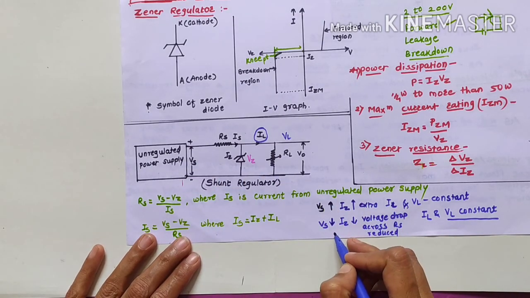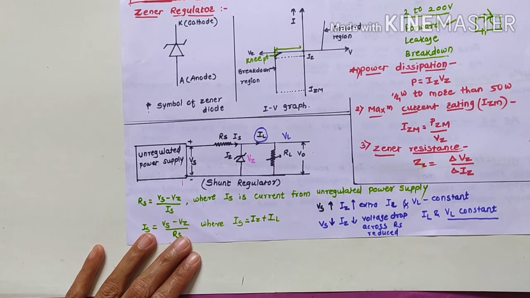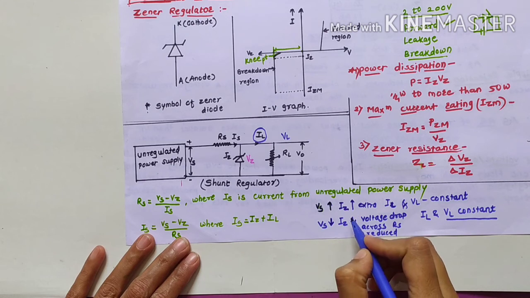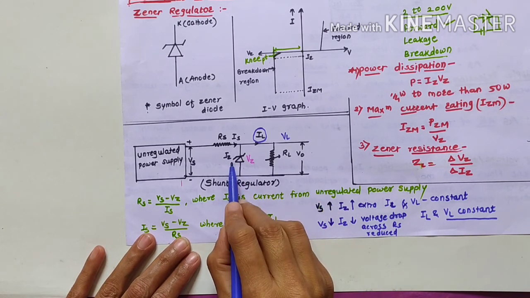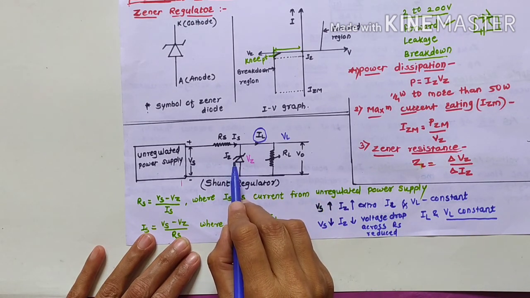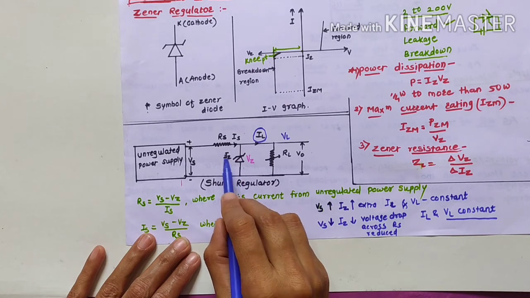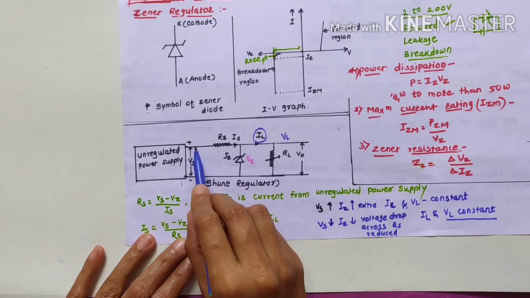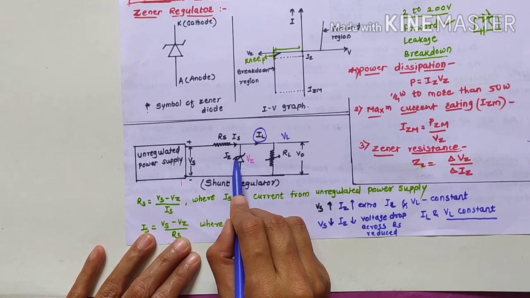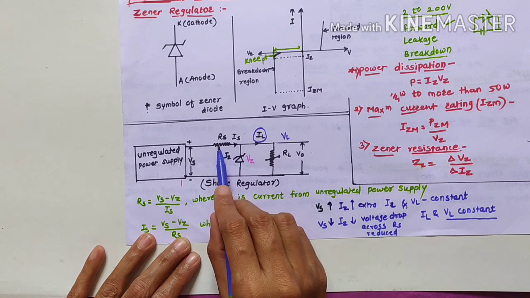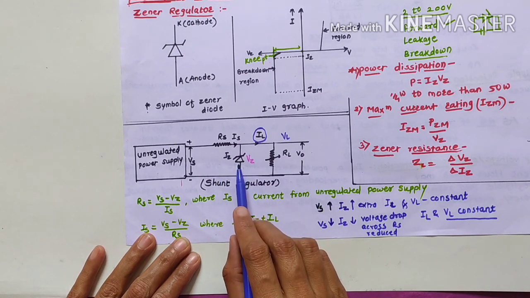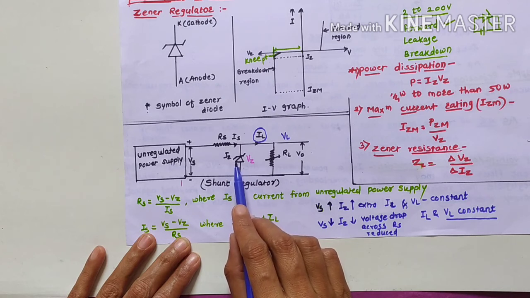As there is a decrease in the input voltage, this also decreases the current across the Zener, because of the decreased voltage due to the resistance connected here, so less current will be developed across this Zener.